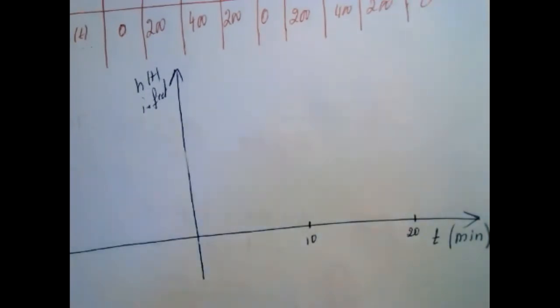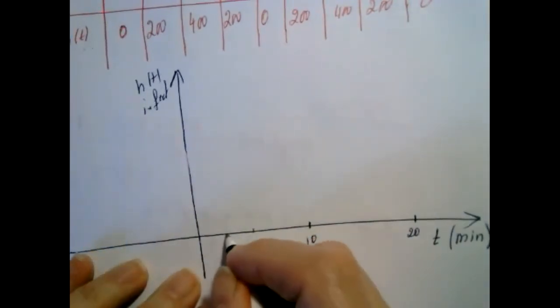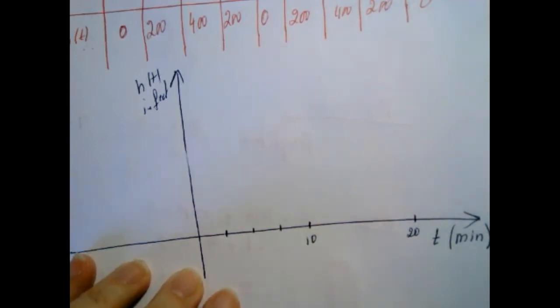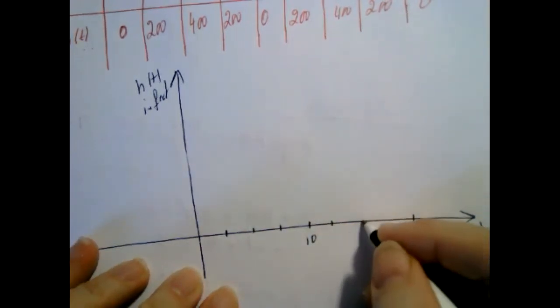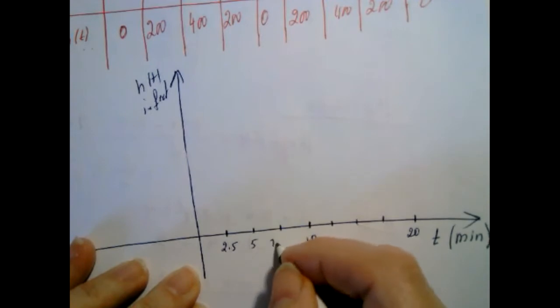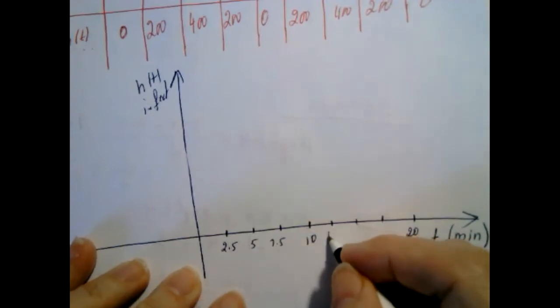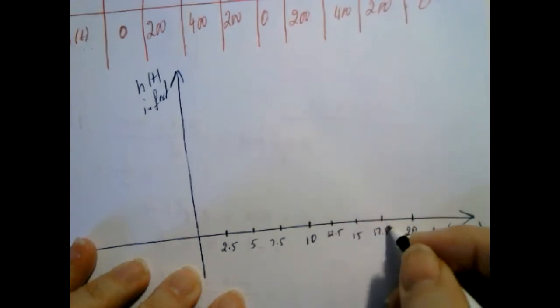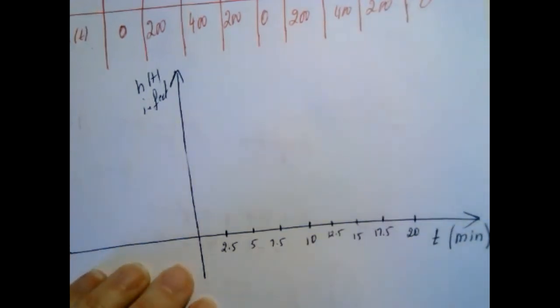Now we know that something interesting happened at 2.5, at 5, at 7.5. I definitely want to mark those. So this is going to give me 2.5, the 5, 7.5, and then we proceed. 12.5, 15, and 17.5. Those are the points that I'm interested in.